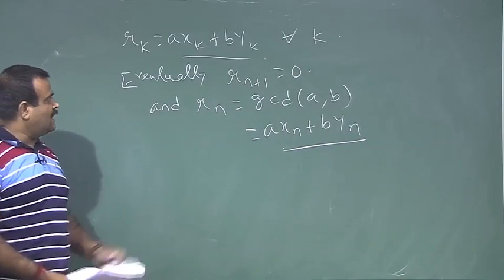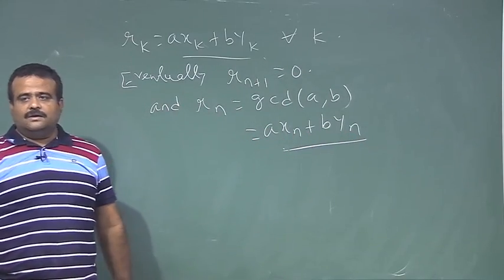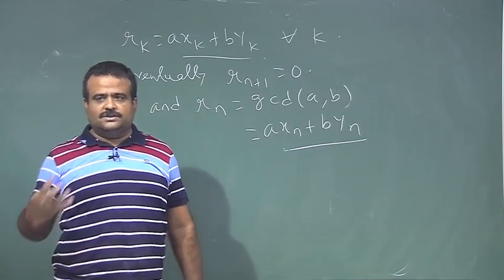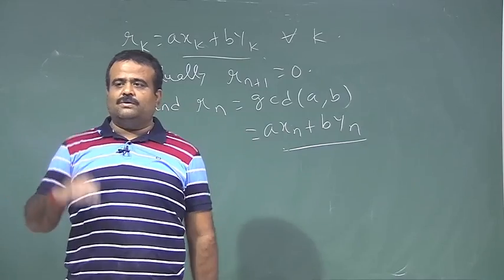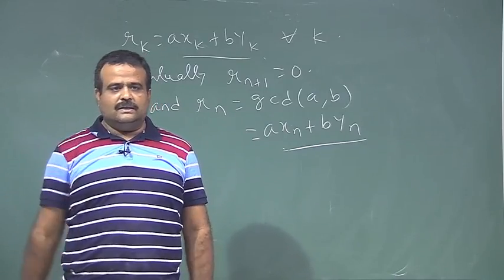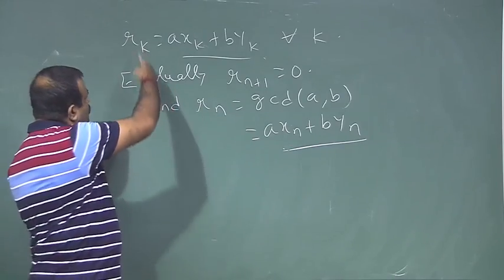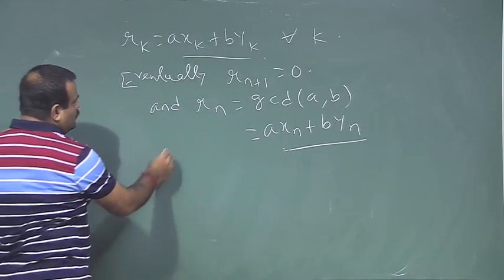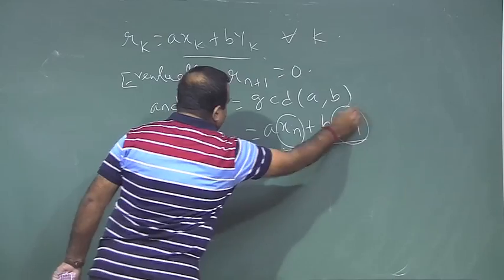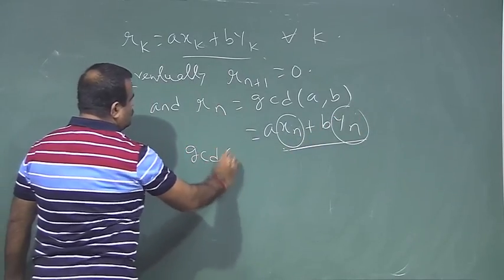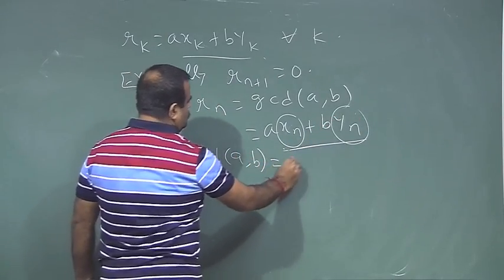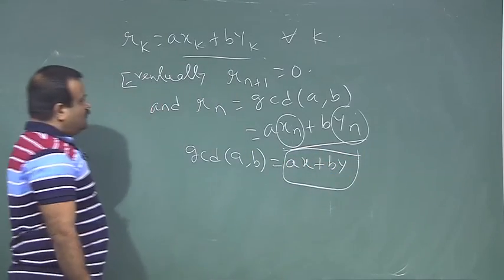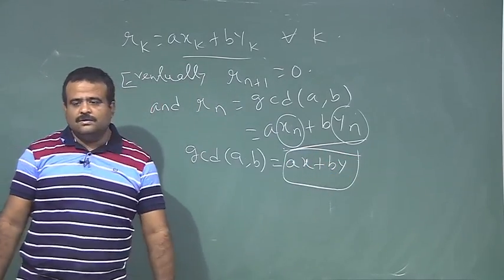These r_i come from running the Euclid algorithm. It stops when the remainder is 0, then the previous remainder gives us the GCD, and that remainder is always in this form. So we maintain x_k and y_k. Finally, the GCD can be written as a x plus b y, basically x_n and y_n.